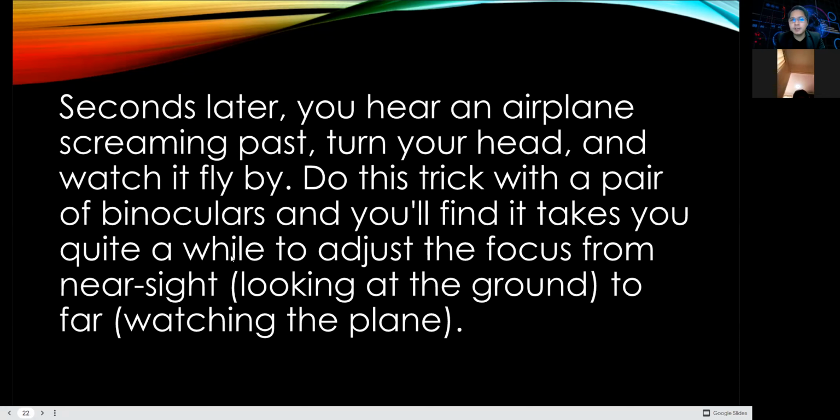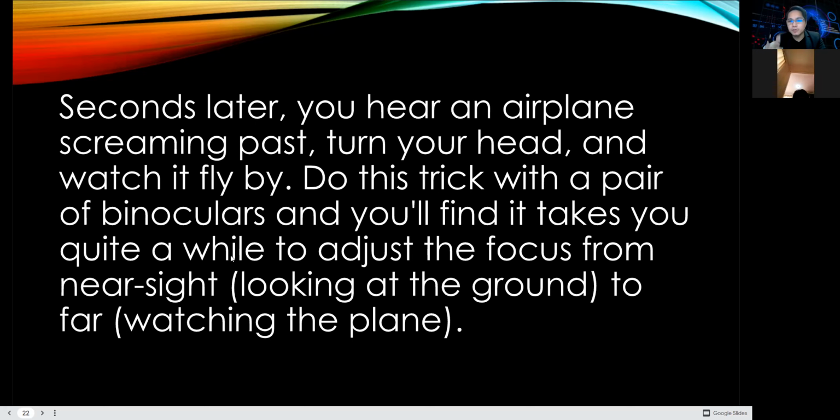Seconds later, you hear an airplane screaming past, and you turn your head and watch it fly by. Do this trick with a pair of binoculars, and you'll find it takes quite a while to adjust the focus from the near side, looking at the ground, to far, watching a plane. So remember that it is a two-way mechanism.